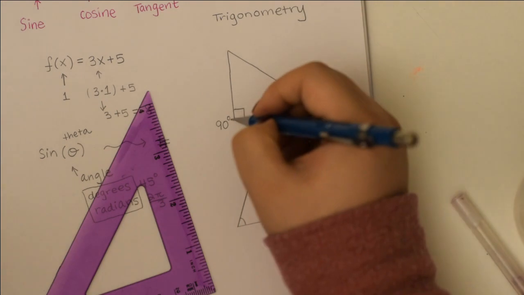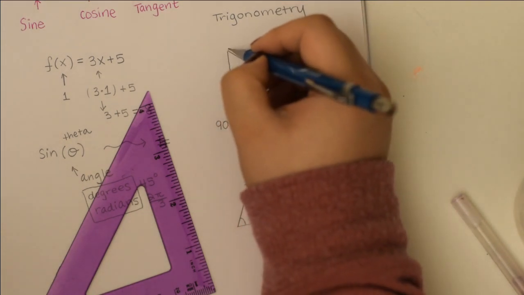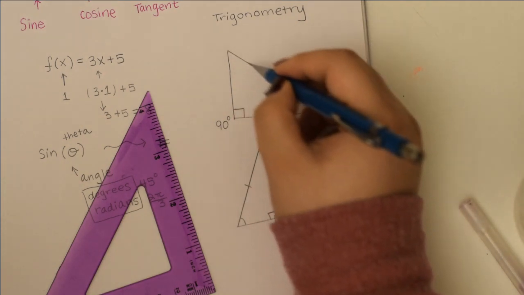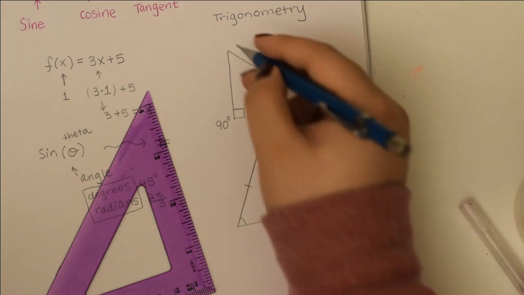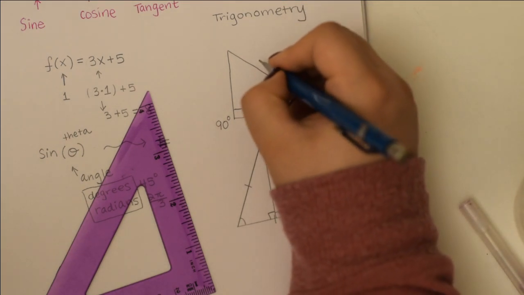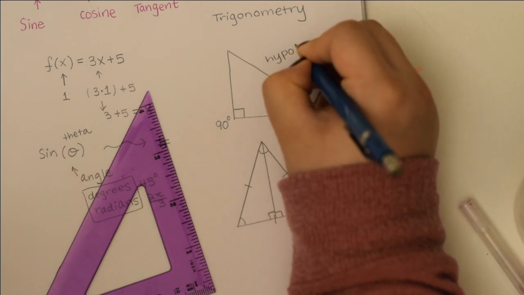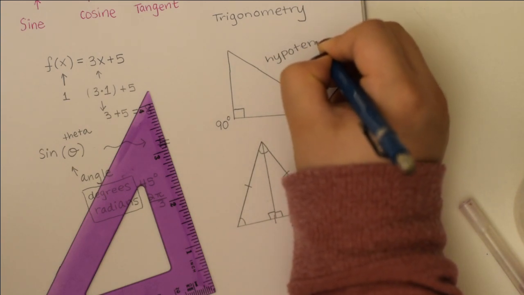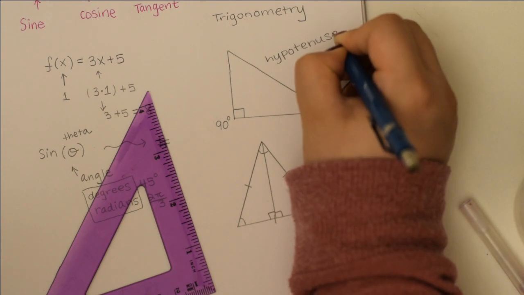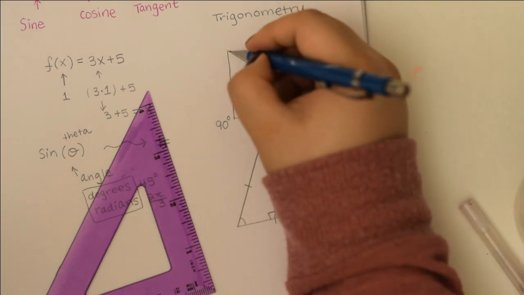The side that is across from that right angle right here is the longest side, and that is called the hypotenuse. Okay, hypotenuse.